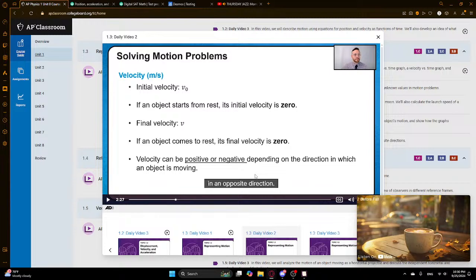Its final velocity is 0, and velocity can be positive or negative depending on the direction in which the object is moving.